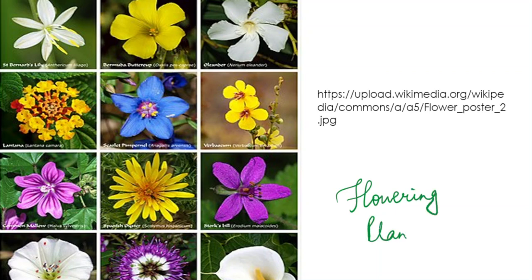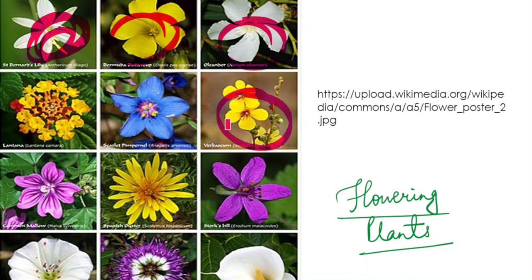If the plants are having flowers, then they are flowering plants. Can you see the variation in these flowers? See the variation which they are having.